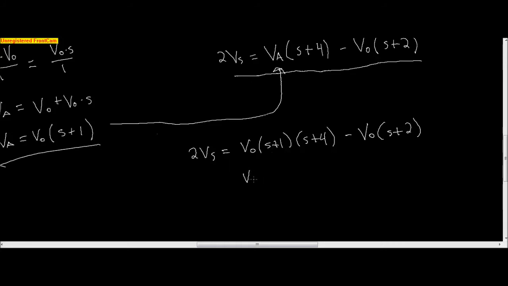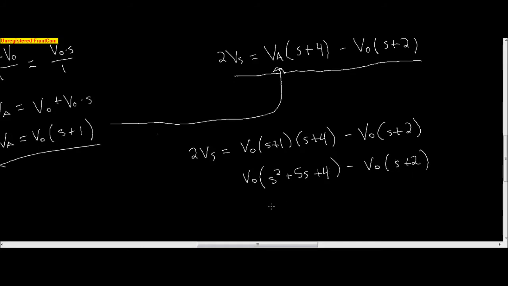This will be VO times S squared. S times 4 is 4S, plus 1 is 5S, and then plus 1 times 4 is 4, so plus 4, and then minus VO times S plus 2.